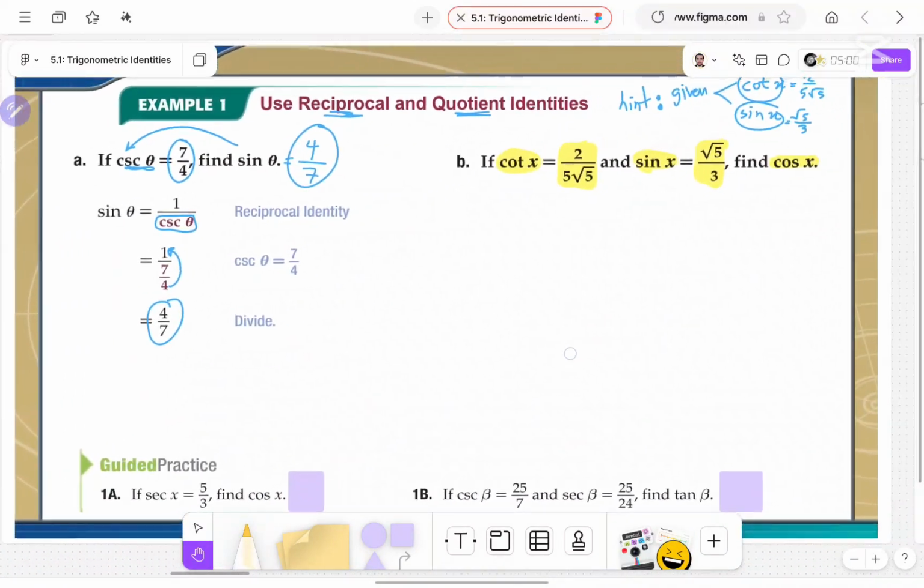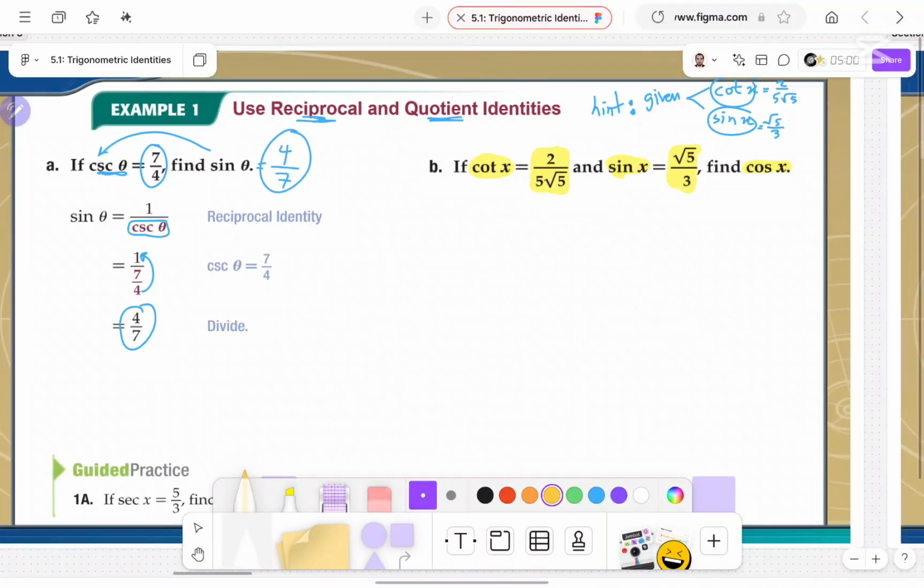The formula is cotangent theta is equal to cosine theta over sine theta. Now substitute everything: 2 over 5 square root of 5 is for cotangent, and I need to find cosine theta over sine, which is equal to square root of 5 over 3.